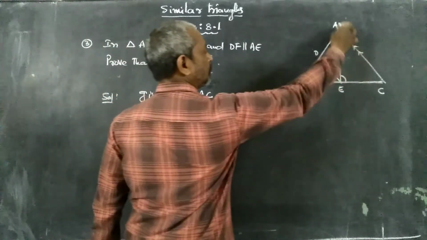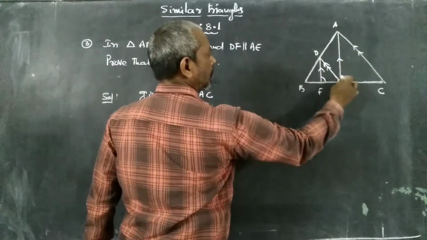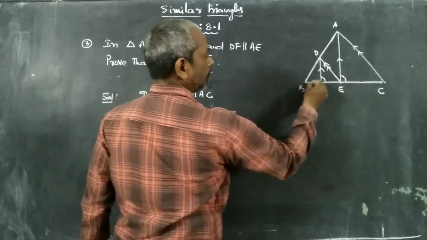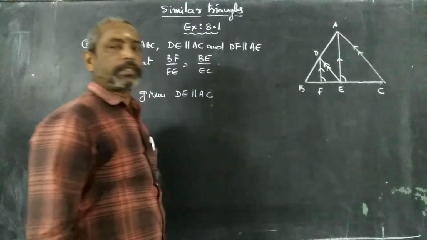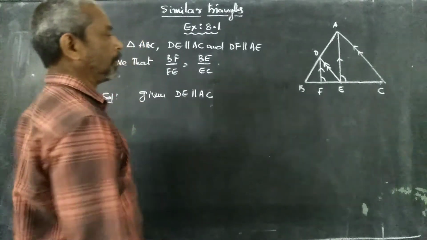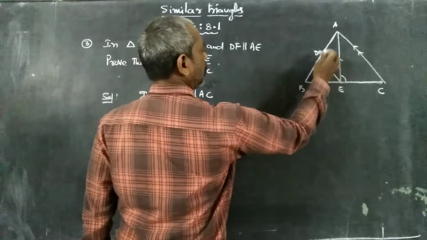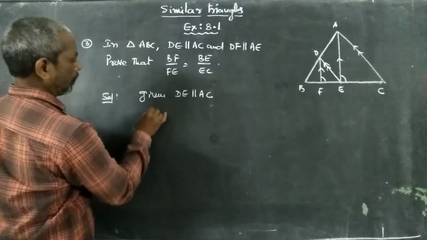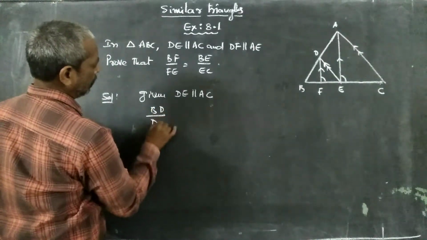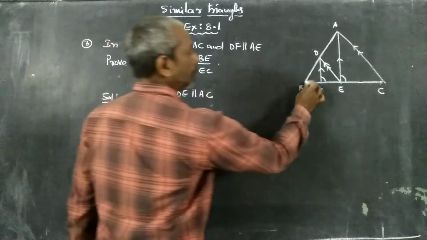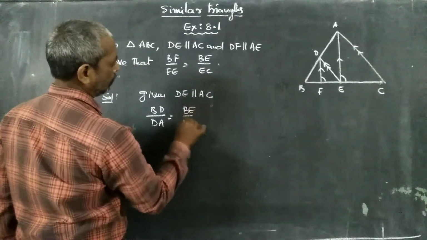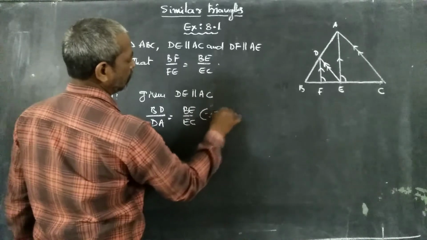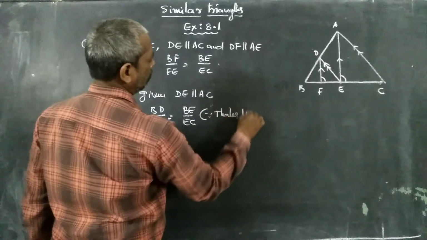Since DE is parallel to AC, DE divides the sides AB and BC of triangle ABC in the same ratio. That means BD by DA is equal to BE by EC, since Thales theorem.